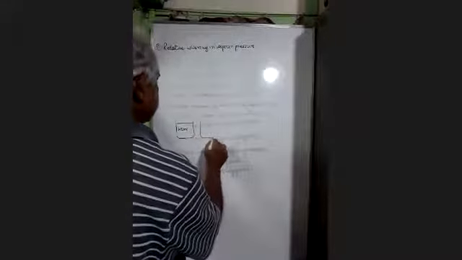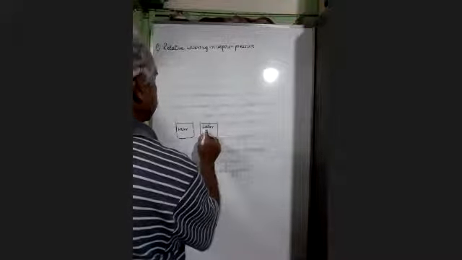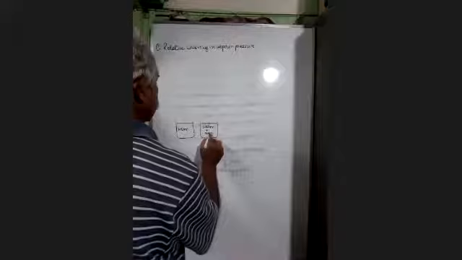This is a beaker containing pure water, and this is a beaker containing sugar water. And we know the boiling point of this one is 100 degrees Celsius.